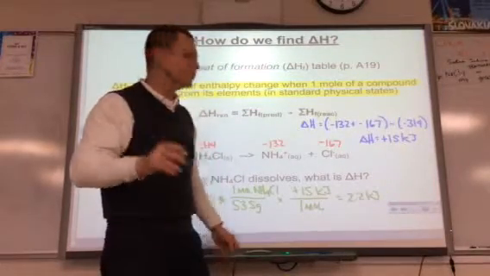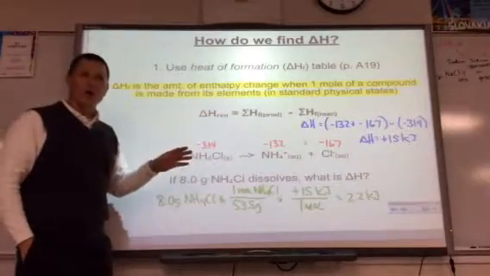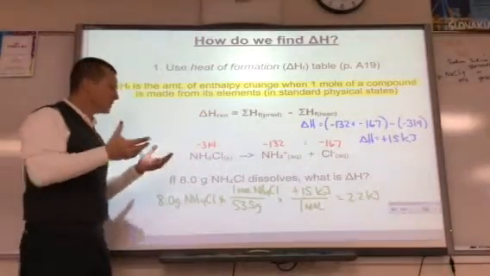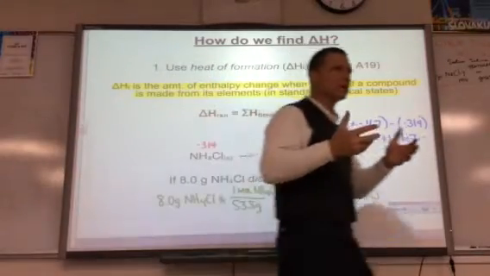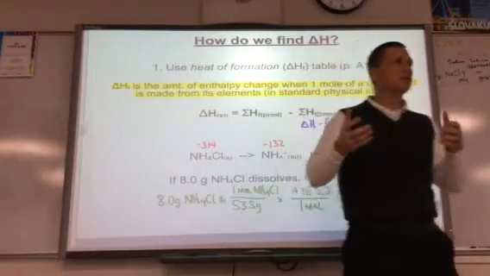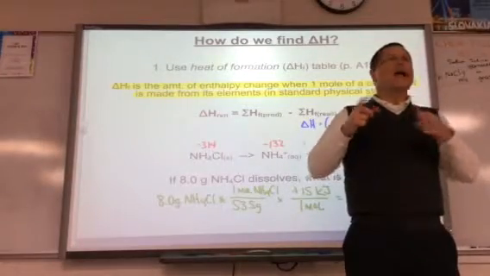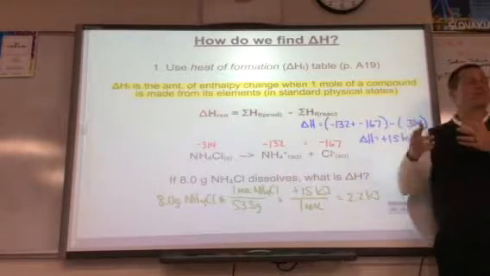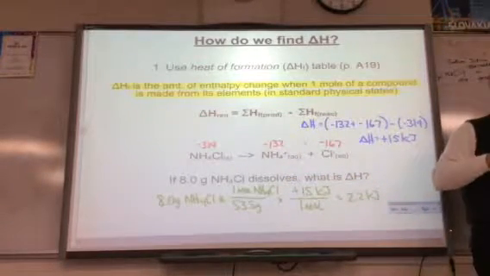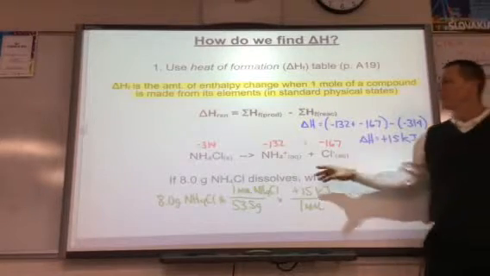There's a reason I'm having you do this one. Tomorrow, I'm going to have some real ammonium chloride powder, and I'll have water, real water, not that fake stuff you hear about, but the real thing. And I'm going to do this experiment. Tomorrow we're going to be talking about calorimetry and how you measure delta H. But we're going to actually do this.